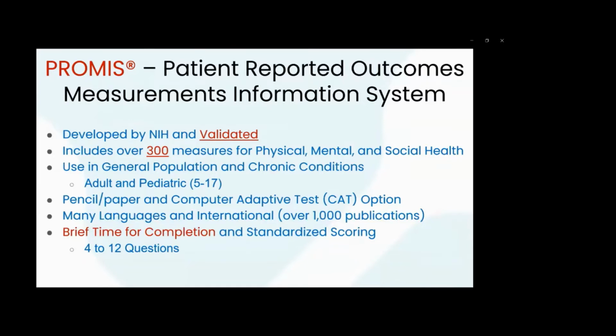And it takes less time, so it can be a smart kind of thing that if it says you can't walk upstairs, it's not going to ask you if you can run a mile. And so it can get it down to 4 to 12 questions, which can be done by the person very quickly, and probably increases compliance as they know it's not going to take them a long time as a patient.